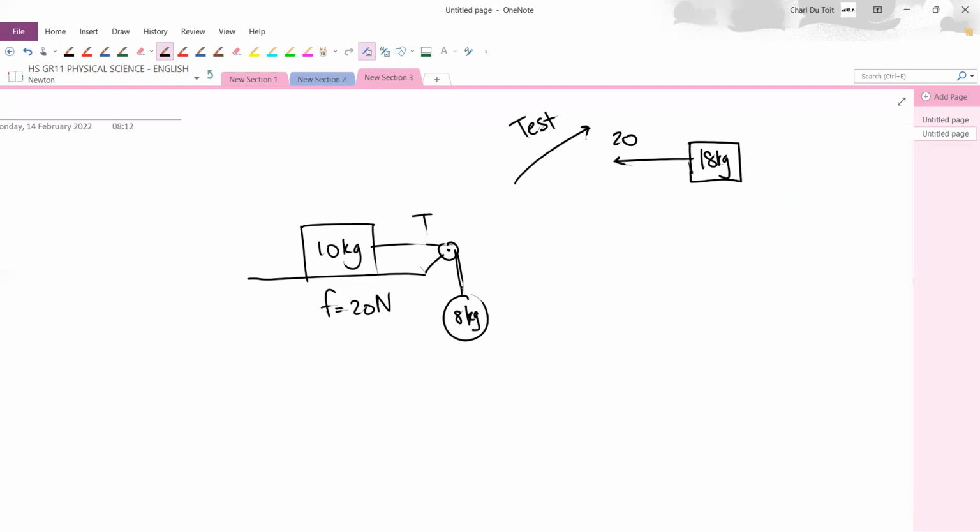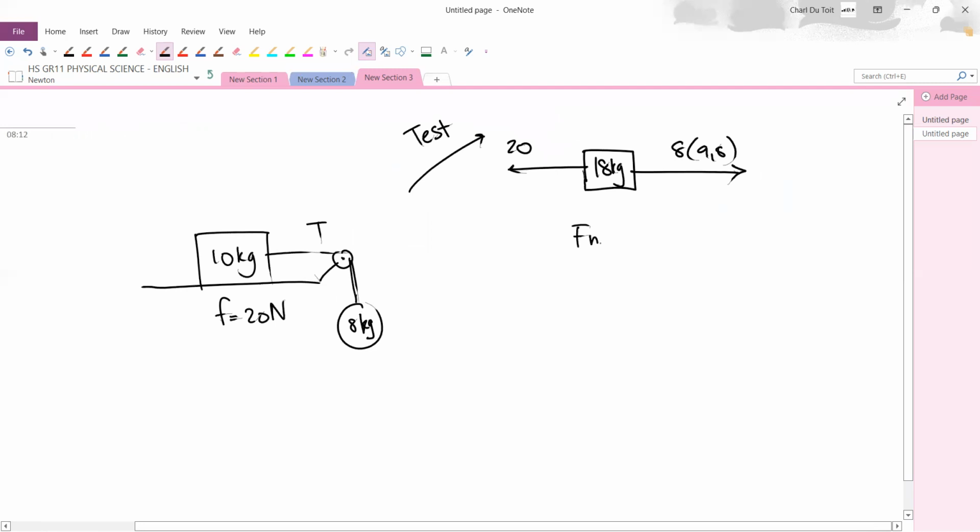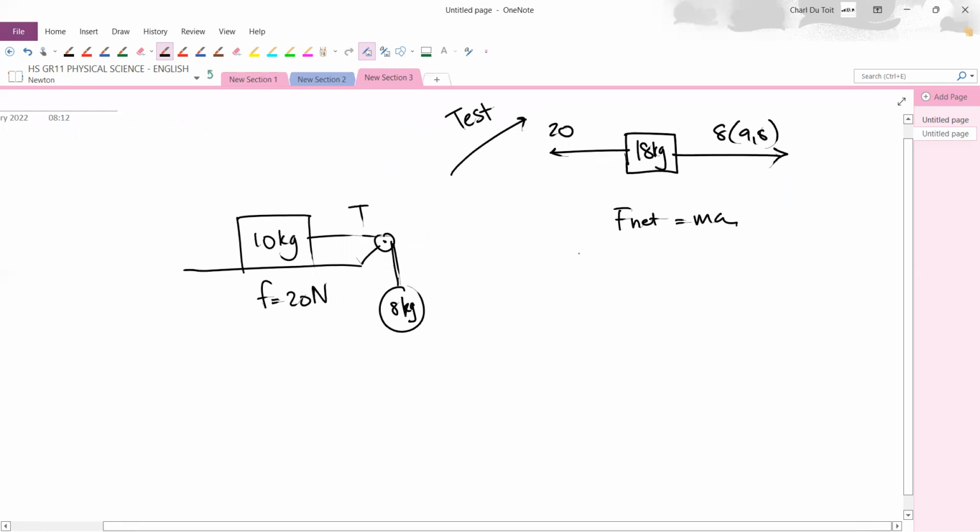If it's not moving, there's a potential 20 newton to the left, and a potential of 8 times 9,8 to the right. So F net equals MA. The net force is the FG component minus the friction, and that's the mass 18A. So that's 8 times 9,8 minus 20 equals 18A. And that's the answer. That was the sum.